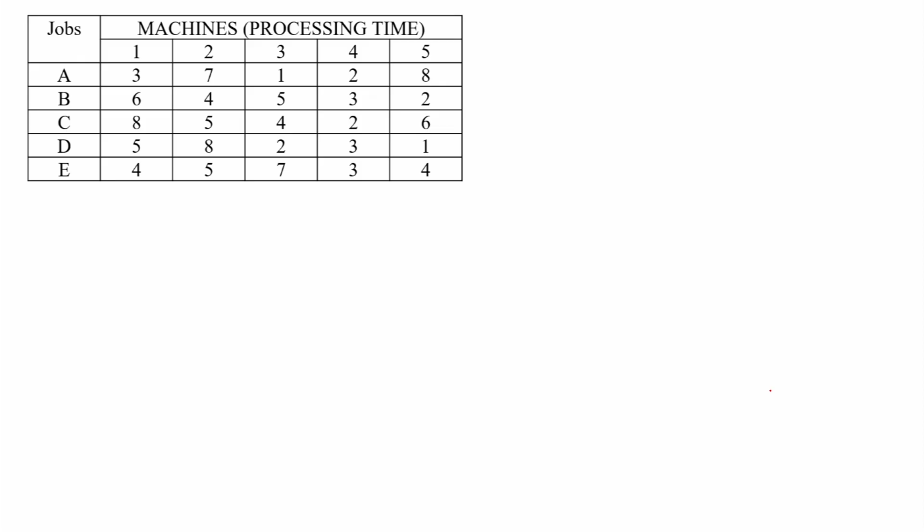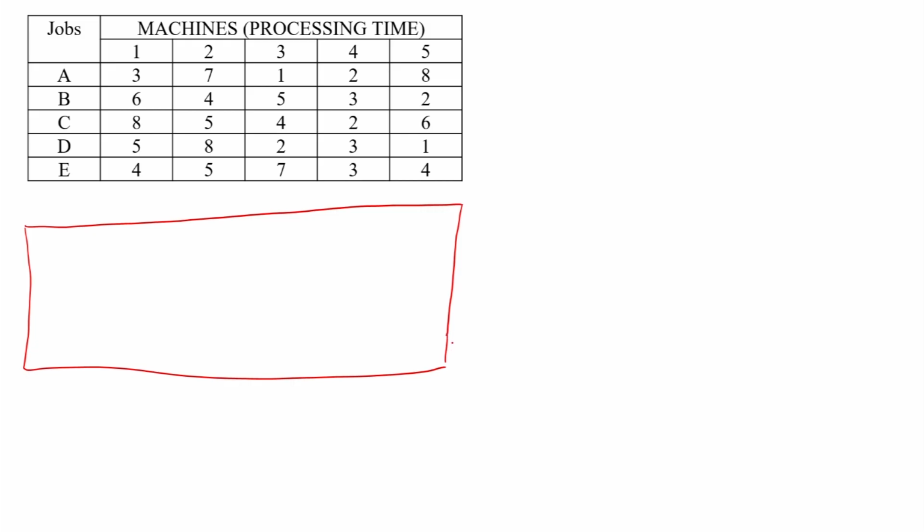So, this is the matrix I have taken on a blank sheet, and now let us perform step number 1. Step number 1 is we are going to subtract the smallest number in a row from all other members of that particular row.